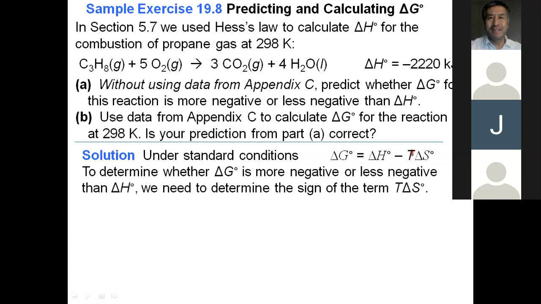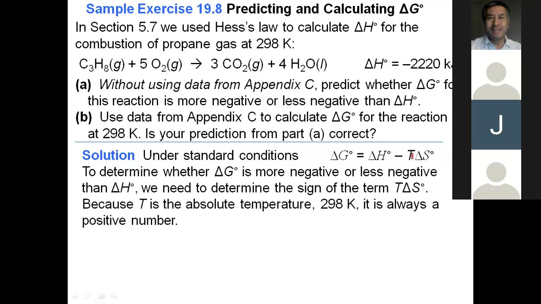This term has the T delta S. We know T is always positive. In this example, it's 298 K, which is positive. So whether this term makes a positive or negative contribution to delta H depends on delta S. For this question, we can analyze how much gas we have for the reactant and how much gas for the product. We can get some idea about the sign of delta S.